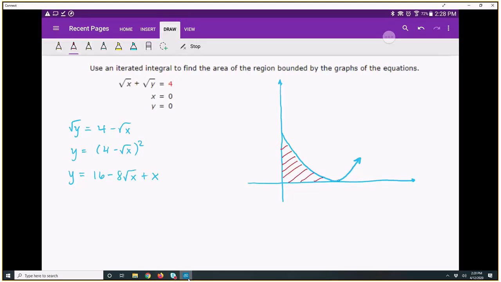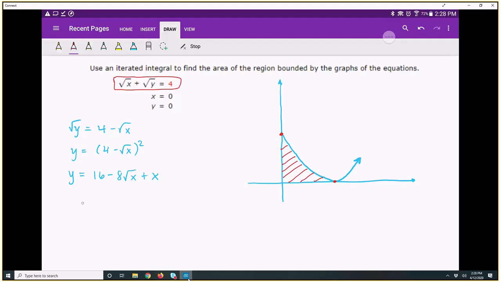And I want to know this point of intersection and this point of intersection. So in other words, I need to know the x and y intercepts of the function y equals 16 minus 8 square root of x plus x. I'm going to go back to this form. And I know that for finding an x-intercept, I'll just plug in y equals 0.